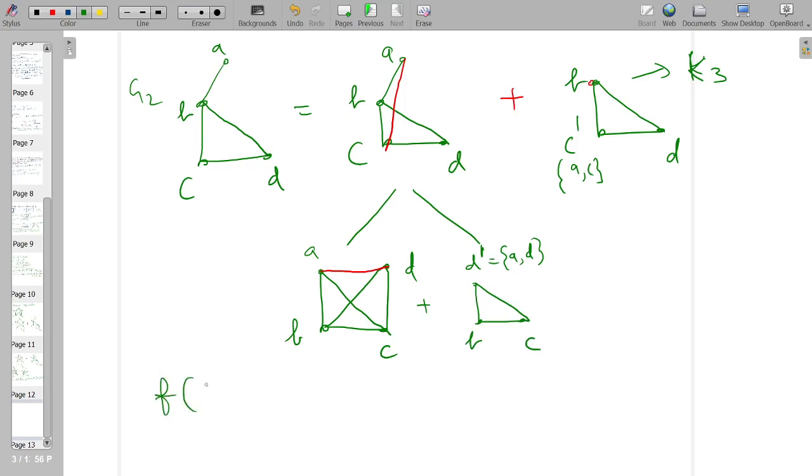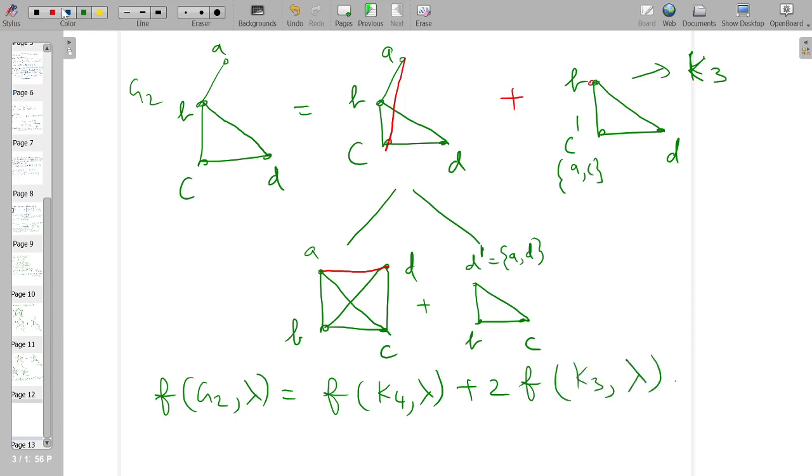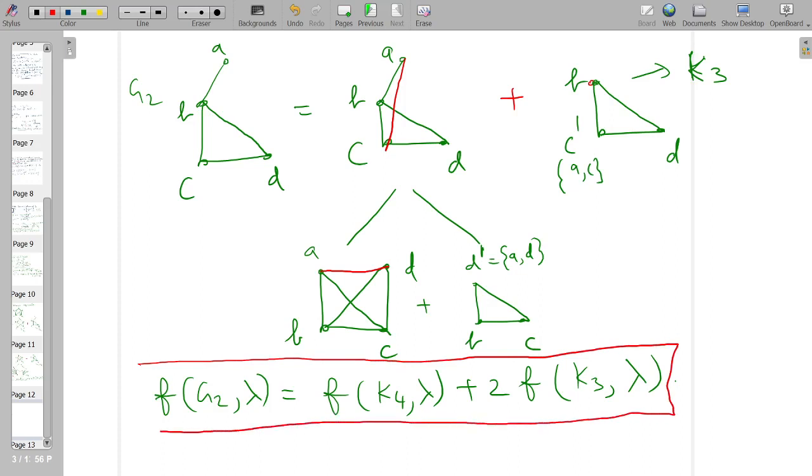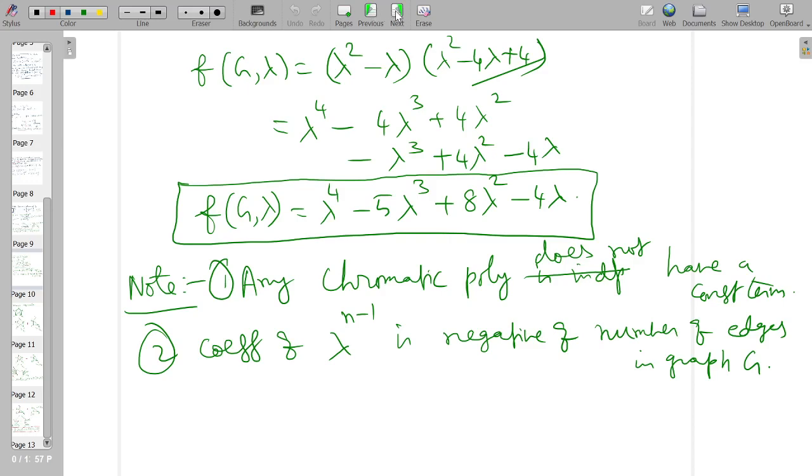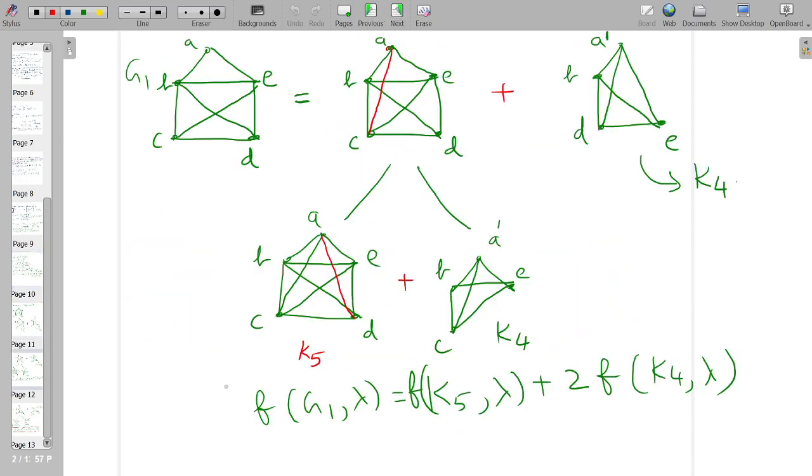So f of G2 comma lambda would be f of K4 comma lambda plus 2 times f of K3 comma lambda. So I have the chromatic polynomial for graph G2, and now I have the chromatic polynomial of f of G1 here.